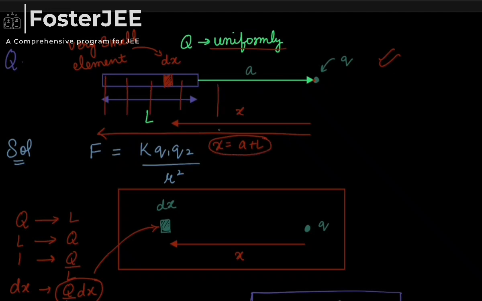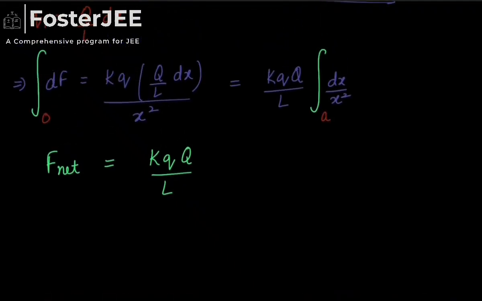All these elements will be covered. So we will get the total force which we require. So when the value of x is a plus l, the force will be F net, and that we want. We can see this becomes F net minus 0, which is F net only, and this becomes integration dx upon x square from a to a plus l.